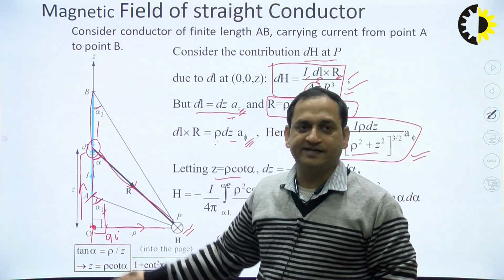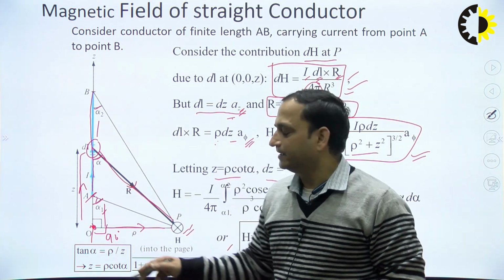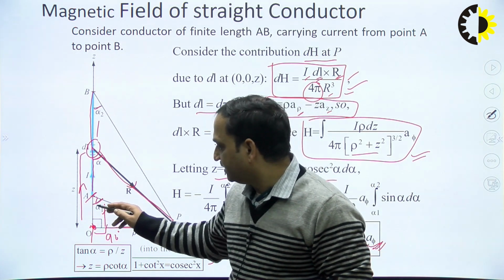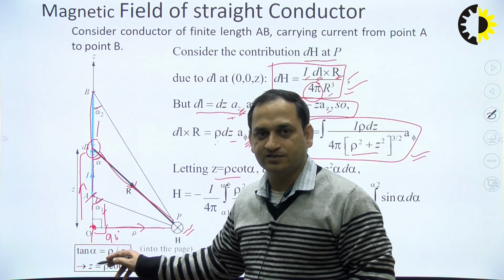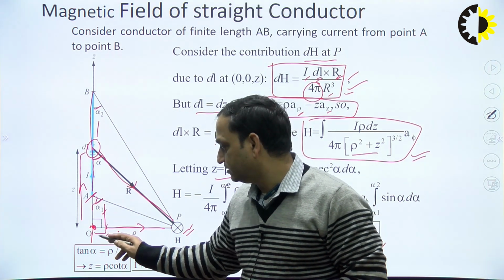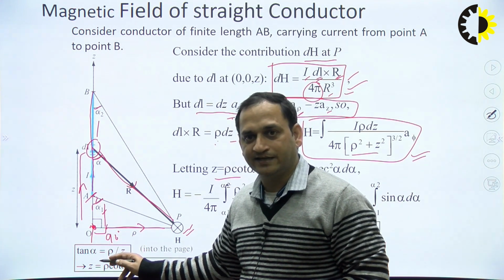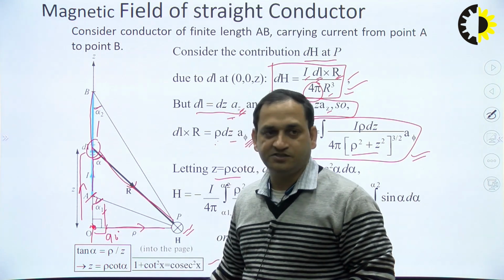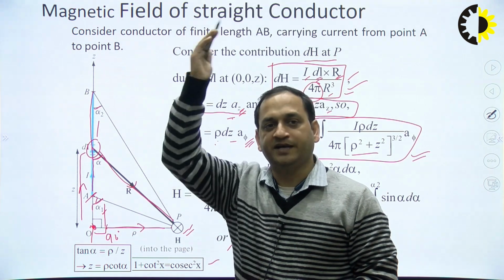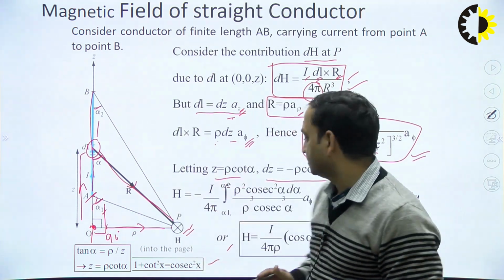Now, if I want alpha 1 and alpha 2 so that we can find the field for the infinite line, what will happen? For the infinite line, alpha 1 will increase up to here 90, then 95, 120, like that, up to 180 degree, right? So alpha 1 will be 180 degree and alpha 2 will be 0.